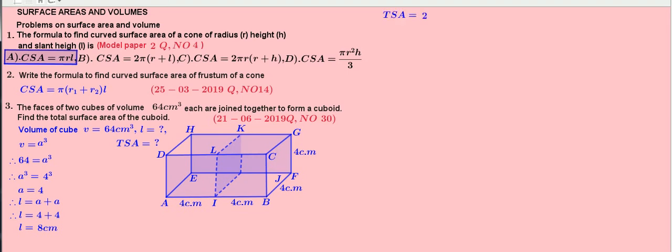Total surface area equal to 2 into lb plus bh plus hl. Here l is length of cuboid, b is breadth of cuboid and h is height of cuboid. So here l is 8 cm, height h is 4 cm and breadth is also equal to 4 cm.